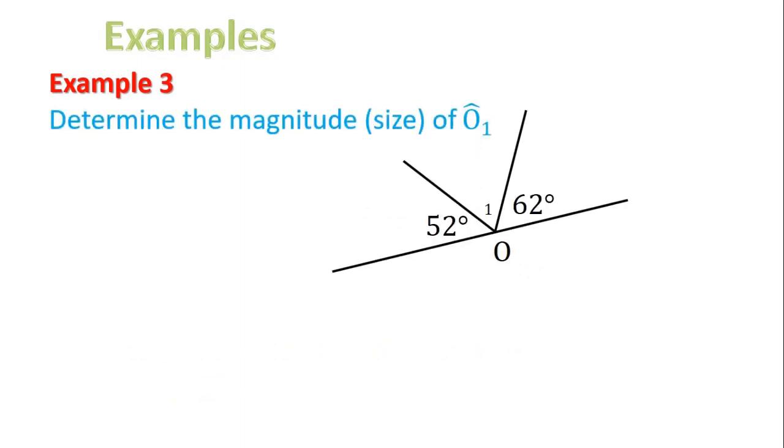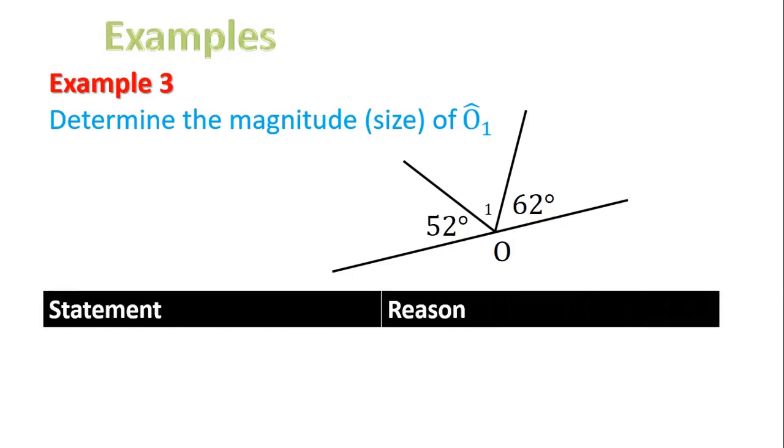Let's look at example 3. Determine the magnitude or the size of angle O1. Now we've got three angles. We've got a 52, a O1 and a 62. Let's set out our structure and now let's see if we can use our straight line.